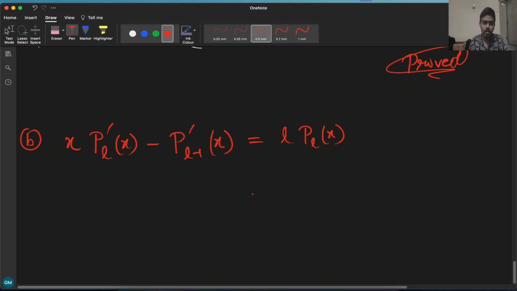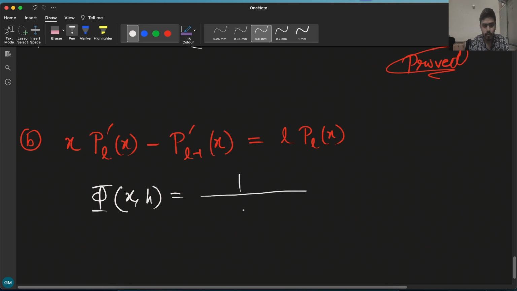So basically what I will do is take this generating function, which is nothing but 1 by the root of 1 minus 2xh plus h squared.